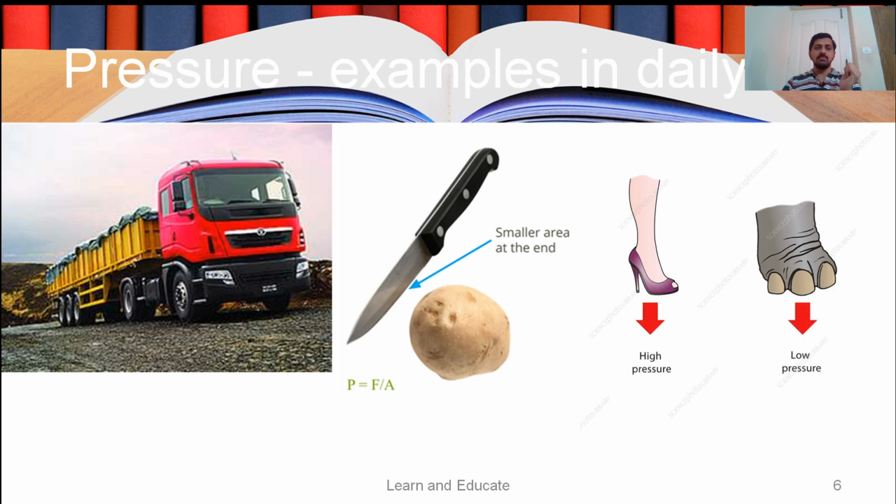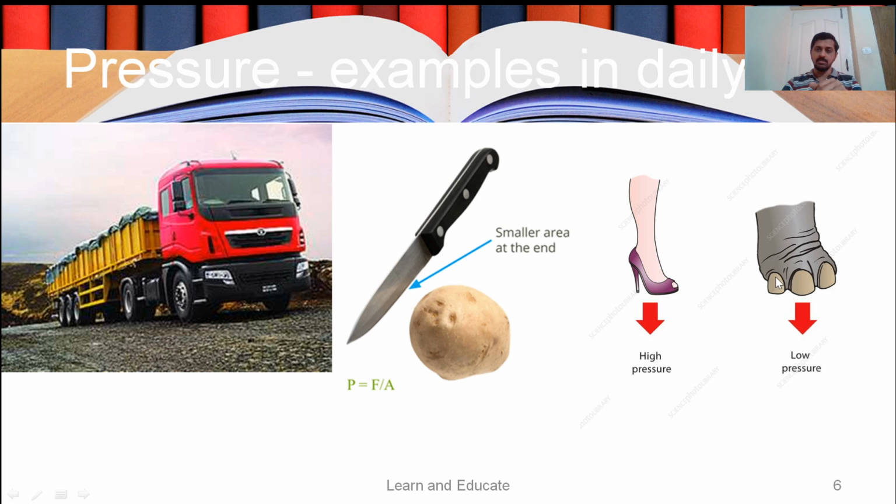Similar examples for pressure: the number of tires in a truck carrying a heavy load will be more, because in order to have additional contact, the pressure will be distributed among the tires; a sharp edged knife applies more pressure so that objects will be cut.